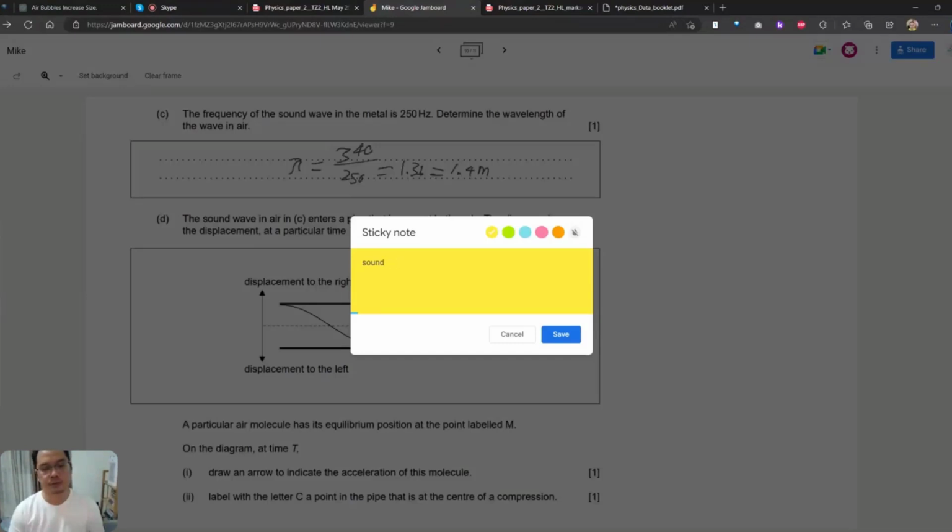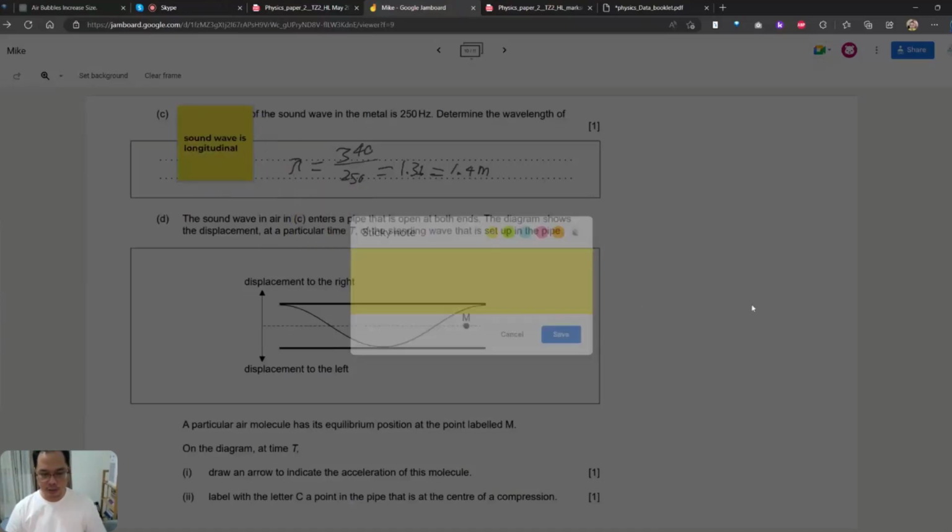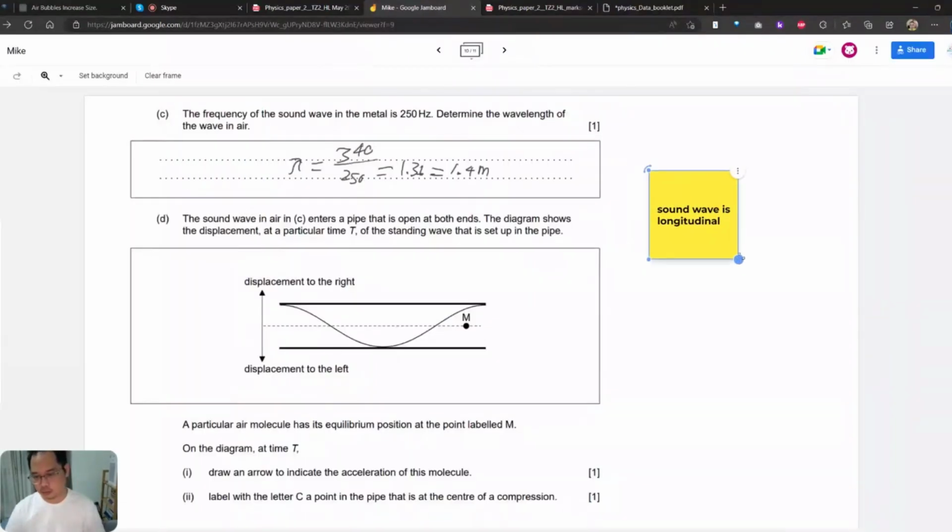The particles of the air oscillate horizontally in the pipe, in the same direction as the wave.